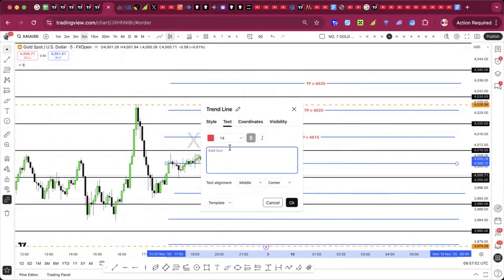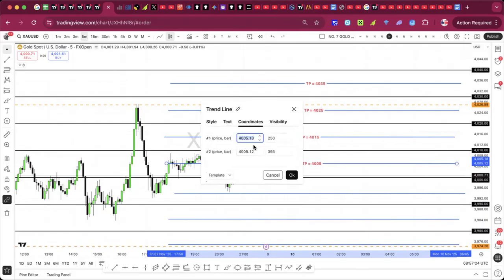Move here. TP, the one that comes first. So we are now here. That will be 4005, coordinate 4005.00. I hope you guys are following.